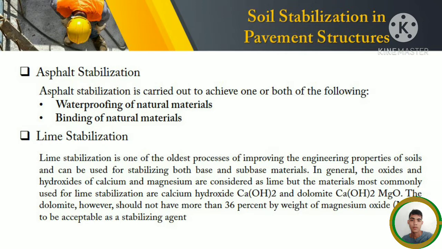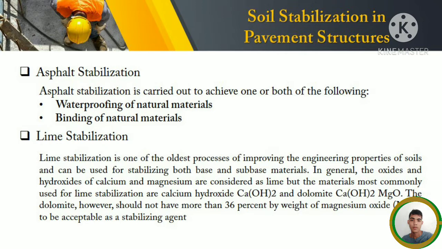Another type of soil stabilization is the lime stabilization. Lime stabilization is one of the oldest processes of improving the engineering properties of soils and can be used for stabilizing both base and sub-base materials.